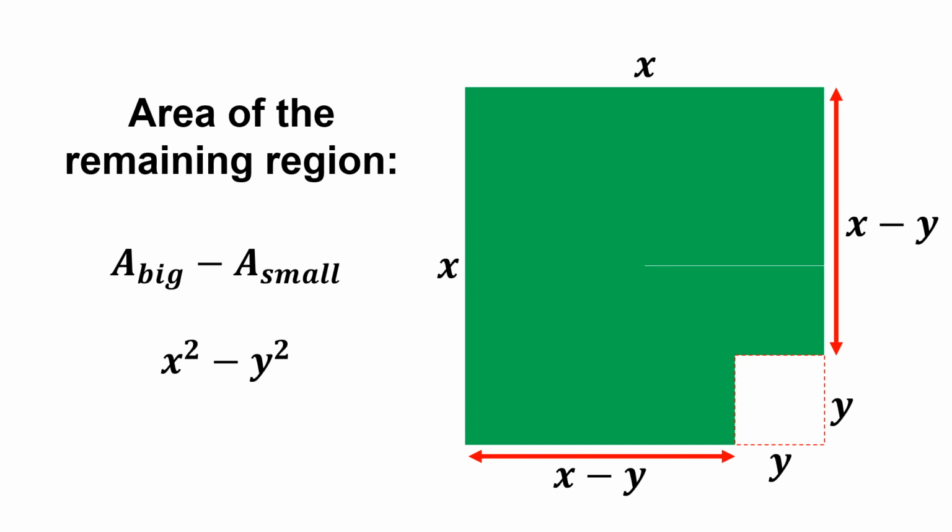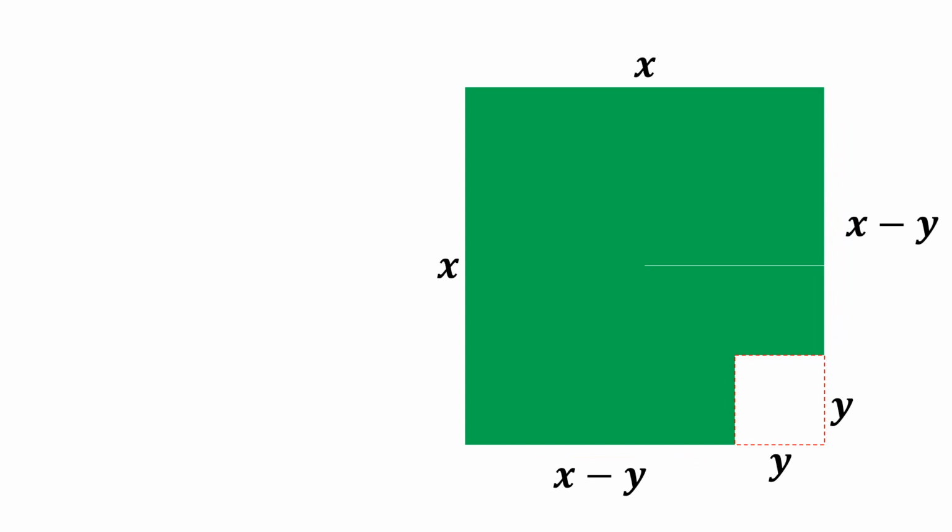Now, to find another expression for the area of the remaining green figure, let's split the figure into smaller rectangles. Let's mark and cut along the dotted lines the smaller portion. After cutting, let's split the two rectangles.